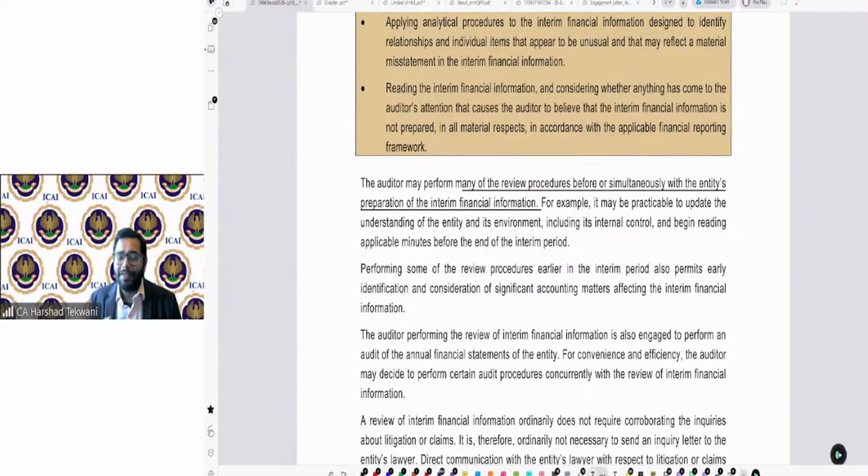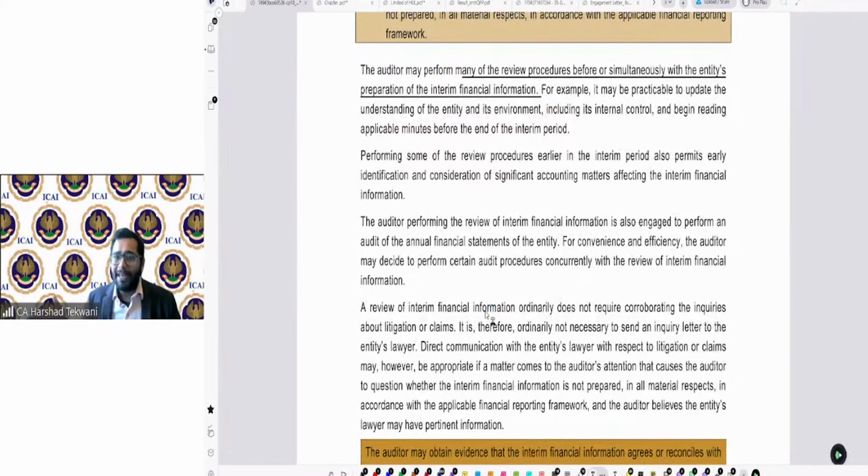So what I do, in some cases, is I start performing my procedures as and when management starts preparing the information, simultaneously. And by the end, I need to update some procedures. At the end, once management completes their preparation and presentation, I need to update whatever I have performed. So it may happen that simultaneous procedures are performed as and when the entity has started their preparation of interim financial information.